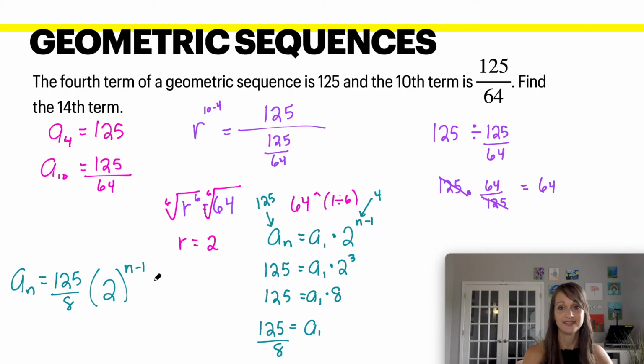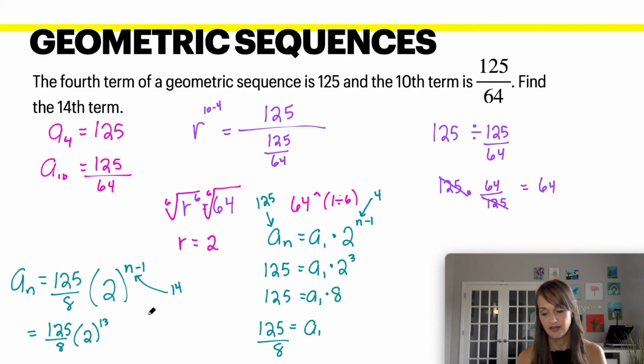Unfortunately, we're not done, because it now says find the 14th term. So what do you do? You plug in 14 for n, and you'll finally have your answer. So 125 divided by 8 times 2 raised to the 13th power, because remember, 14 minus 1 is 13.